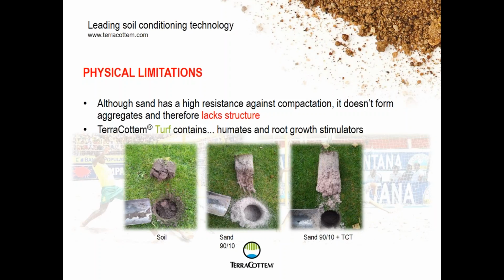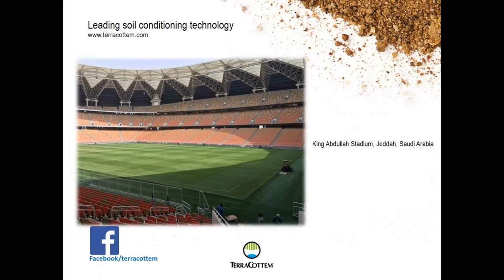And to show you a typical Belgian root zone, on the left, this is what we play soccer on. It's a high clay content, so it's really compacted, so you don't see good root development. If we want to play during winter time, we need sand in the middle, but if you want to have structure, you need TerraCottem turf, on the right, as you can see here.